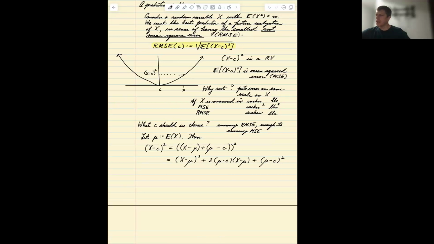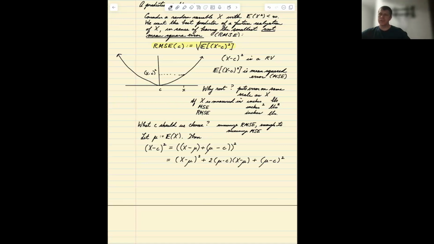Why? Because as a function of c, the mean squared error and the root mean squared error are minimized or maximized at the same place.